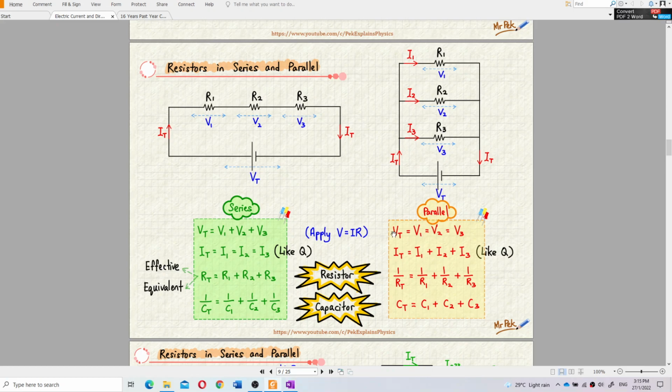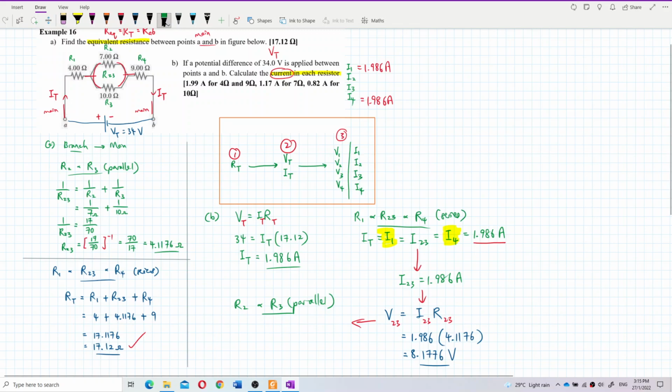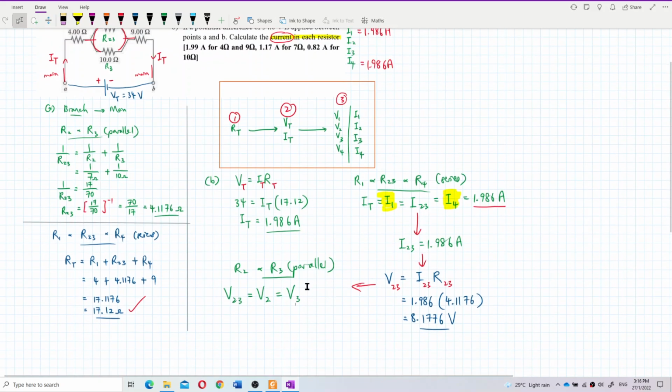The voltage 23 just now is the total voltage across resistor 2 and resistor 3. This total voltage will be equal to voltage 2 and equal to voltage 3 because they are parallel. That's how the voltage 23 will help us. V23 equal to V2 equal to V3 because they are parallel. Understand?